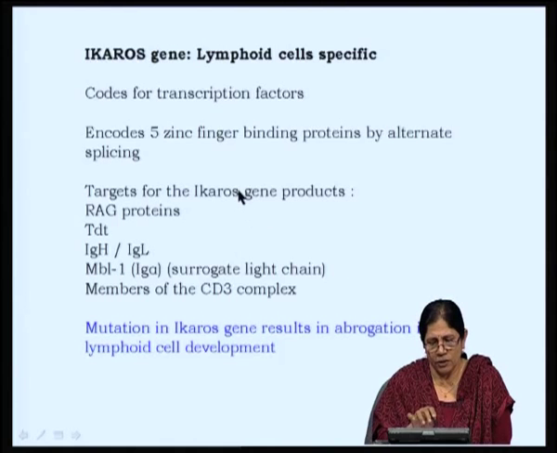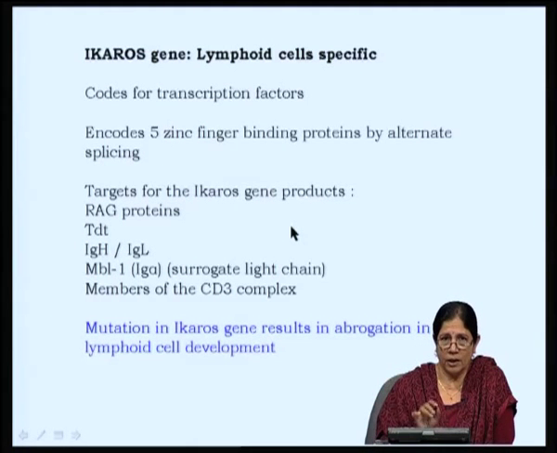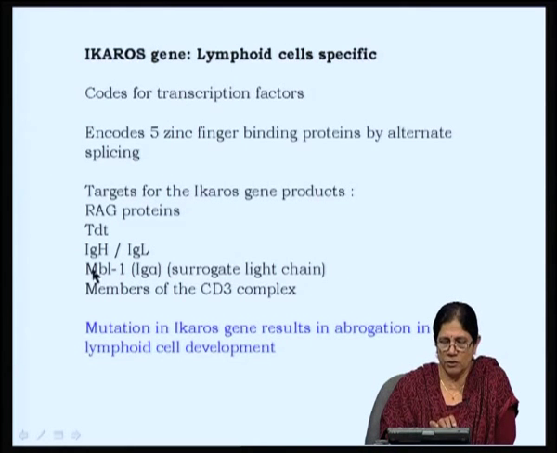Now, the targets for the Ikaros gene products are primarily RAG proteins 1 and 2, and terminal deoxynucleotidyl transferase. Remember, this enzyme adds N nucleotides to the cut ends of the hairpin structure that is formed once again by RAG proteins. The targets for Ikaros are also immunoglobulin heavy chain and immunoglobulin light chain.